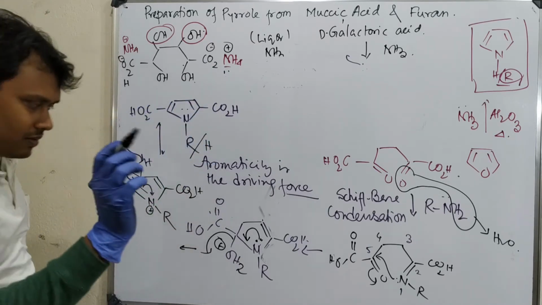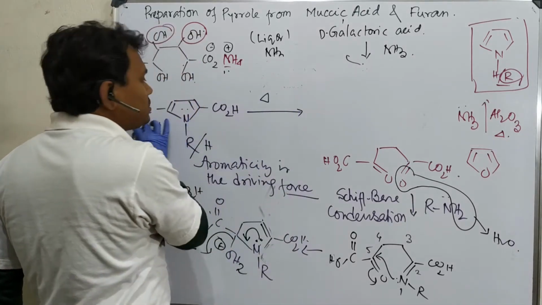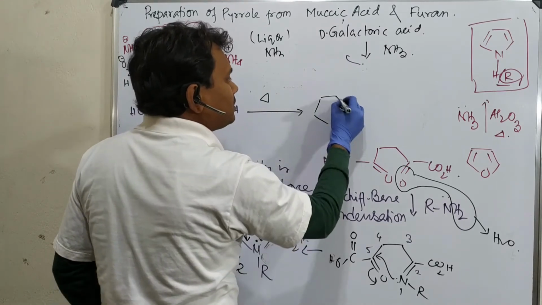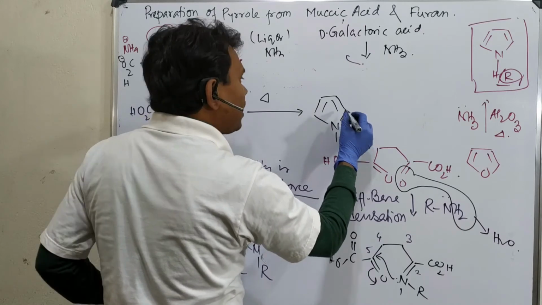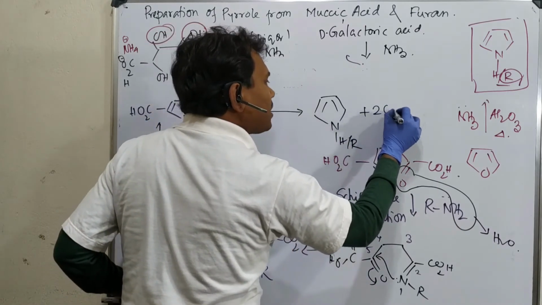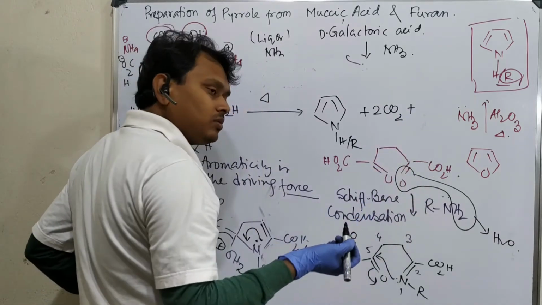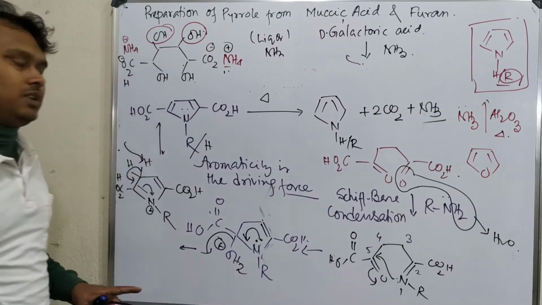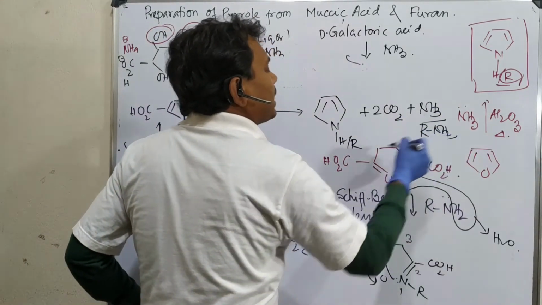Sorry. Under heating, what happens? These two carboxyl groups are eliminated, resulting in pyrrole, along with two carbon dioxide and one ammonia molecule. So this is the overall ammonia or RNH2, whatever you think. This is the overall mechanism.